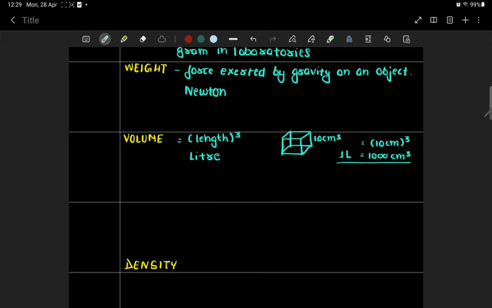Also, if you take a smaller cube of size 1 centimeter, the volume would be 1 centimeter cube, that is equal to 1 ml.